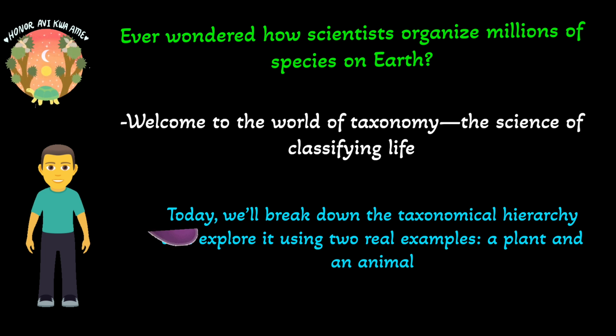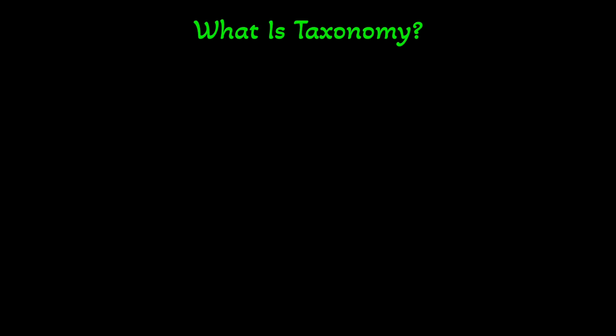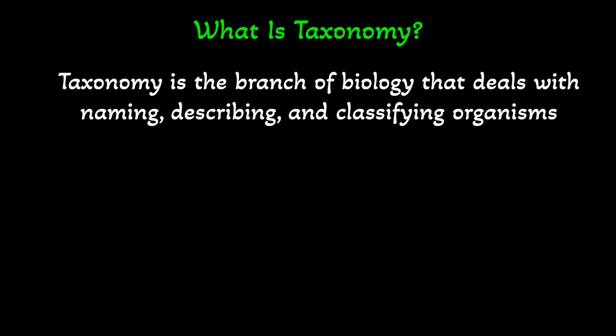First of all, students, before understanding the taxonomical hierarchy, we have to understand what taxonomy is. Taxonomy is a science dealing with the classification of organisms. However, the more technical definition includes the specific words naming, describing and classifying organisms.